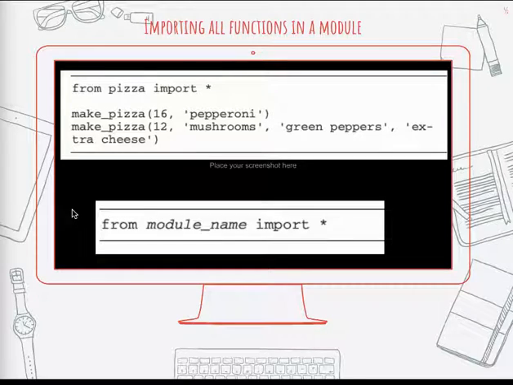That leads to clear code that's easy to read and understand. However, you may run into an import statement like this that others have made, or perhaps you have a file that just has three functions and you need them all, so you'll use the star to import them.